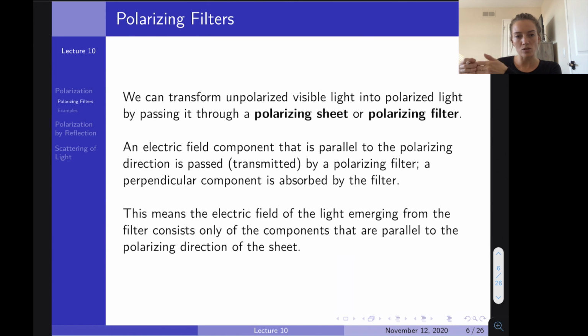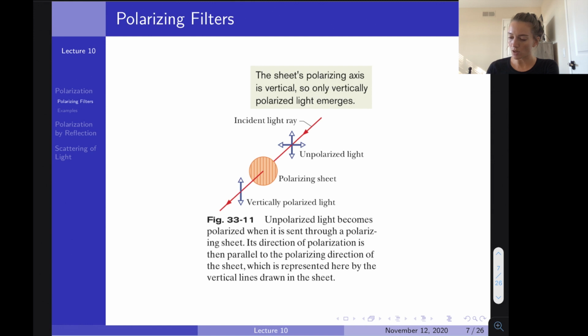What these do is the light on one side of the filter is unpolarized, and then it passes through this polarizing filter, and only the polarized light all in one direction comes out on the other end. Here's a little picture. We have our unpolarized light, in every direction, coming here, and then it hits this polarizing sheet, which has these slats going through it, which are typically a certain type of molecule stretched out.